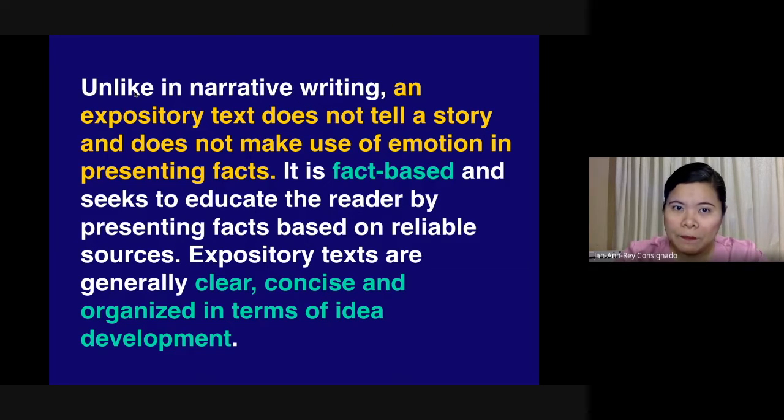Again, expository text is fact based and seeks to educate the reader by presenting facts based on reliable sources. So, expository texts are generally clear, concise, and organized in terms of idea development.